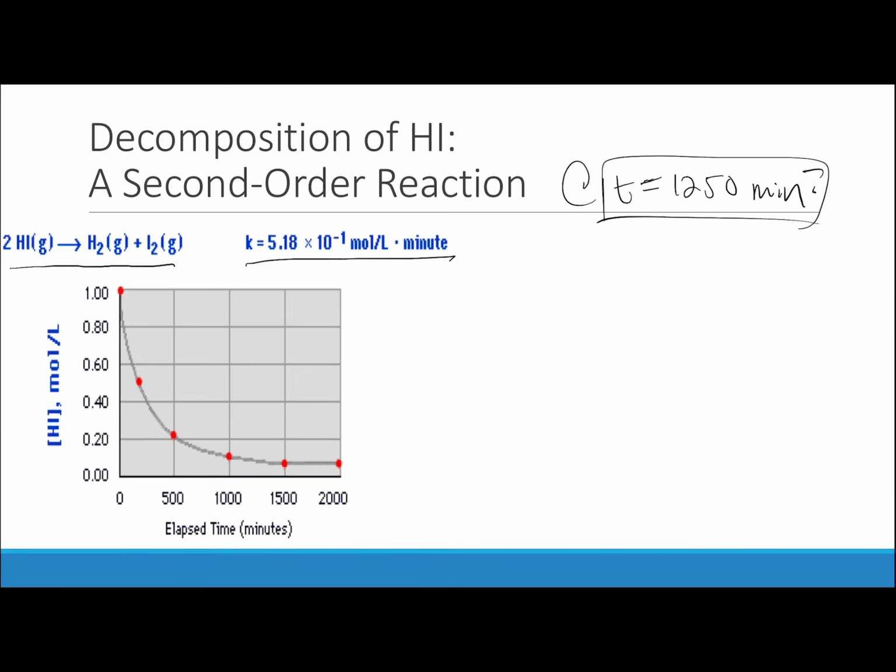So here we have negative 1 over HI at time t plus 1 over HI at time 0 is equal to negative kt. We're going to place our k value in here. Our k value is in molarity per minute. Our time is in minutes, so we don't need to do any changes in that. So we get negative 1 over HI at time t. Again, our initial concentration is 1 molar.